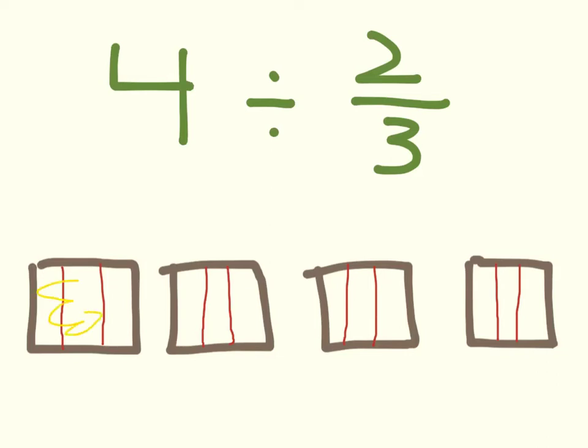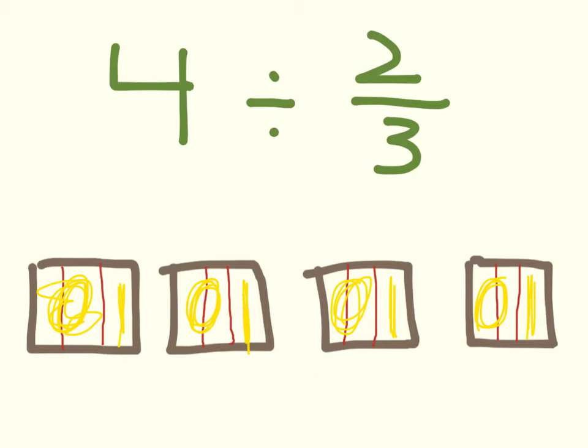So how many groups of 2/3 are there? Well, there's 1, that's 2/3, that's 2/3, that's 2/3, and that's 2/3. And then we have this third here, which we can combine with that third, and this third here, which we can combine with that third. So we've got 1, 2, 3, 4, 5, 6.